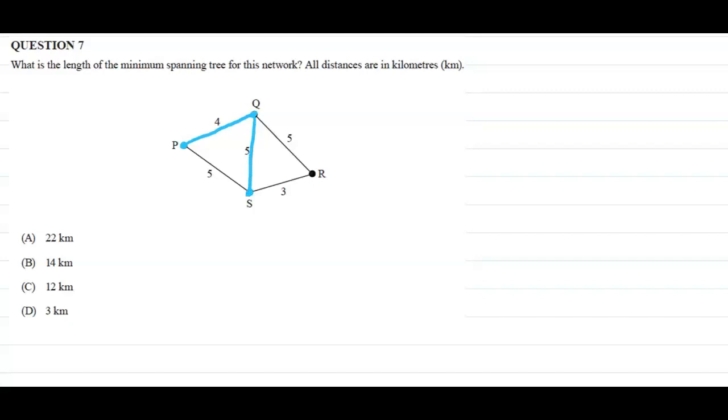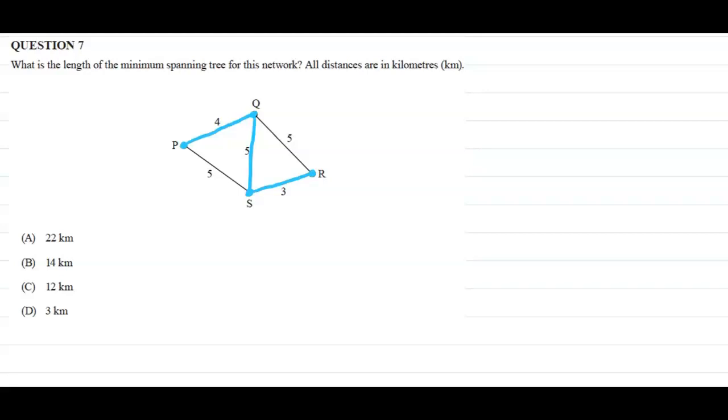Now we look at our vertices P, Q, and S, and we look for the smallest weighted edge that comes out of P, Q, or S, and we draw a line across that one. So coming out of P and S, we have 5. Coming out of Q, we have 5. And coming out of S, we have 3. So we're going to take the edge that is weighted 3 all the way over to R. Notice now that all my vertices are connected.